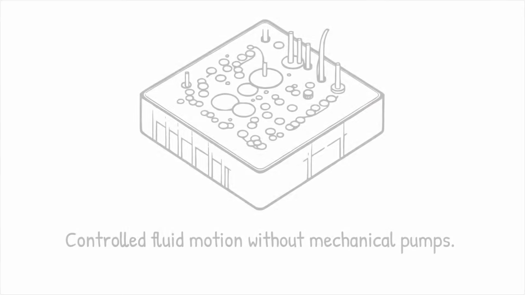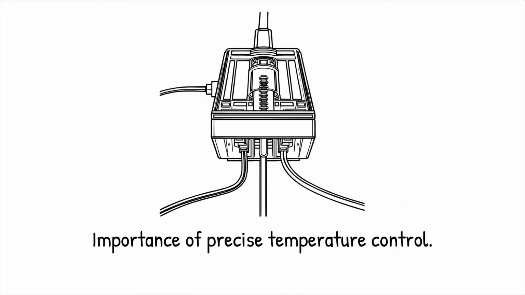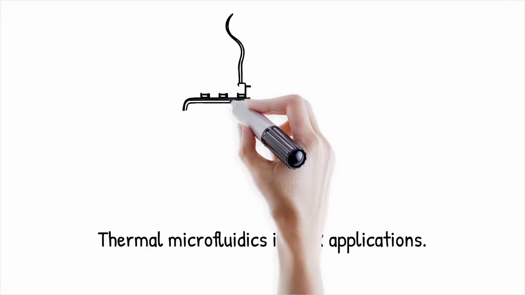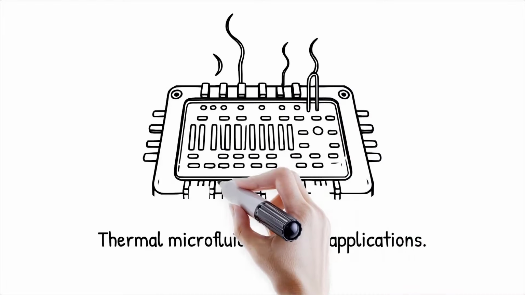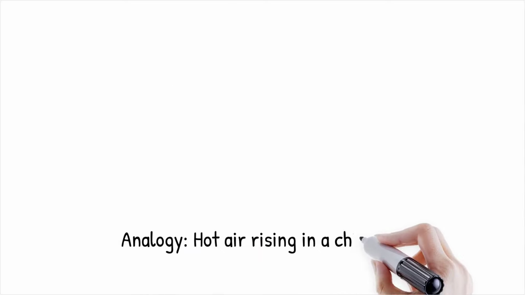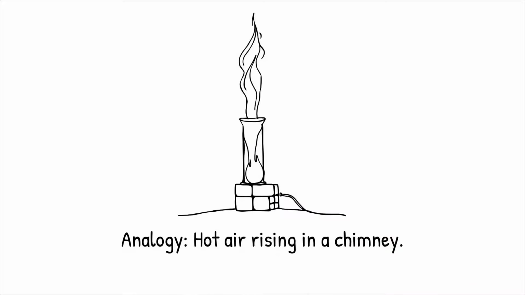However, precise temperature control is necessary to avoid unwanted convection currents. Thermal microfluidics is used in PCR chips, where controlled heating and cooling cycles enable rapid DNA amplification. This process is like the rising motion of hot air in a chimney, where temperature differences drive movement.